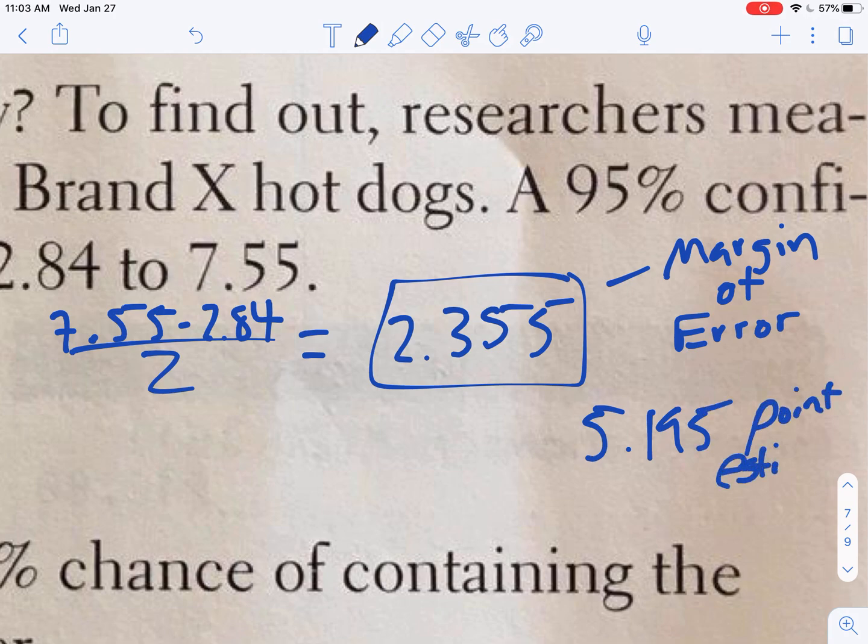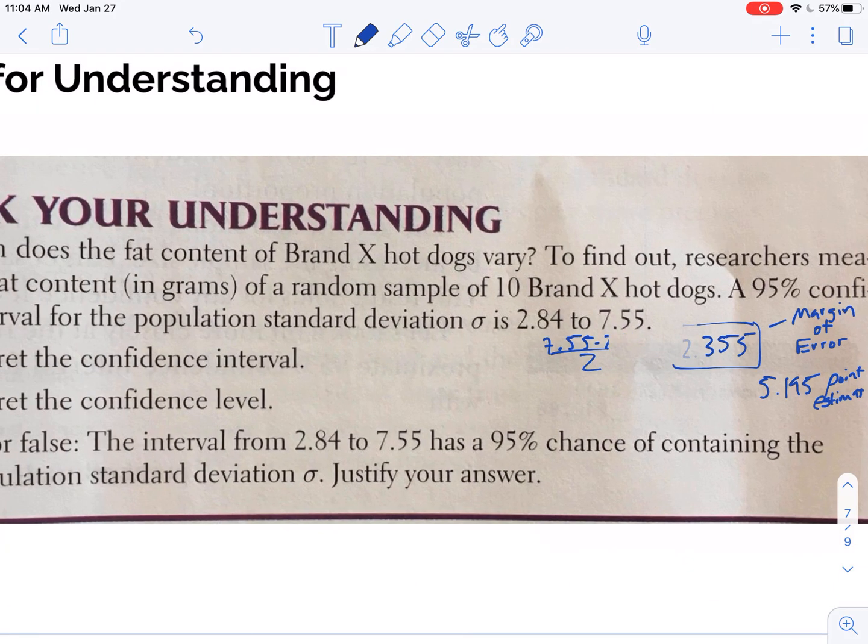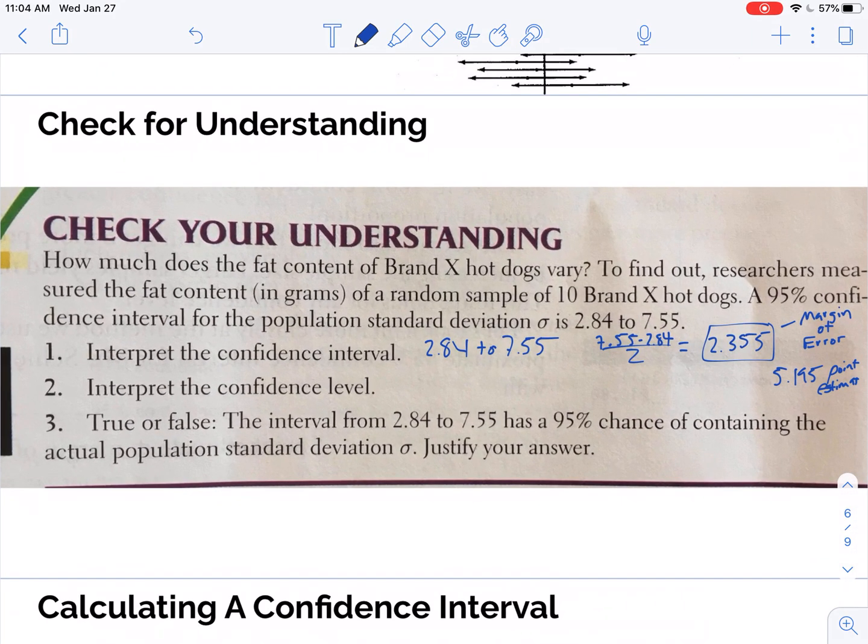When I found the mean of the measured fat content here, I found that the average fat content was 5.195 grams.